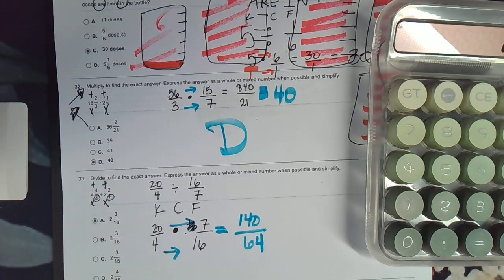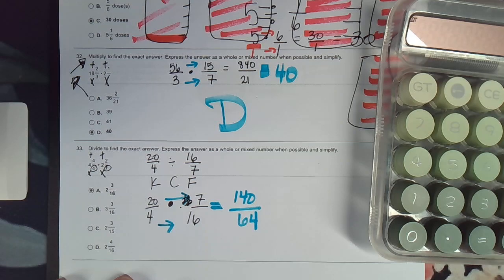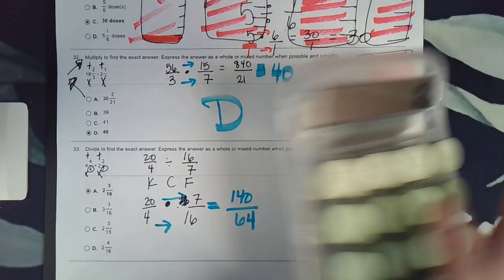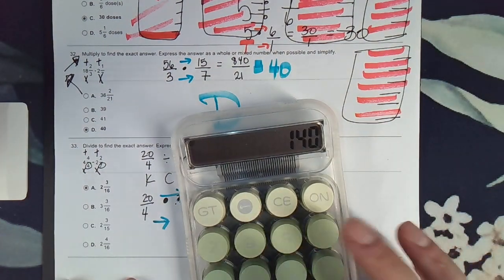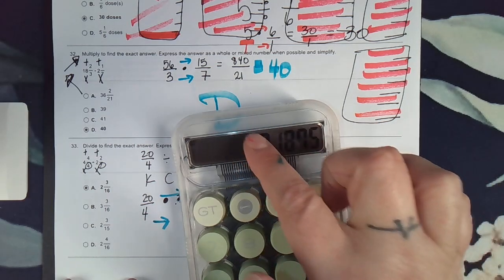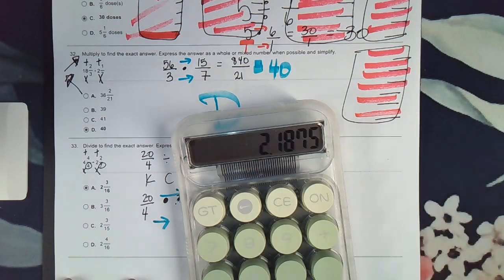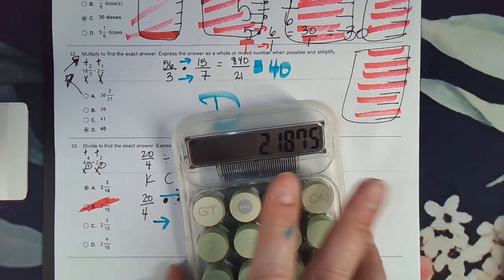And then, yeah, that's not going to come out even. But we can try and divide it. We can say 140 divided by 64. And it should be 2-ish. So C's out because it's not 2-ish.